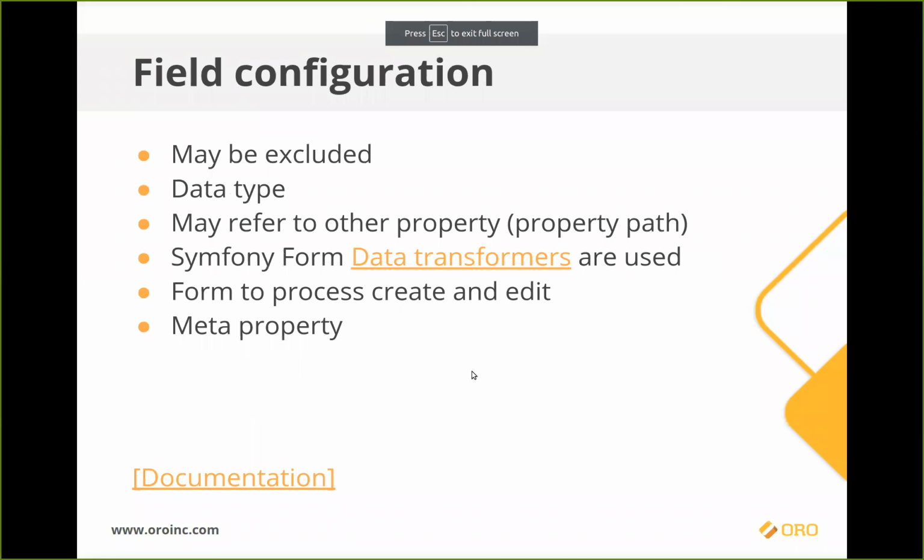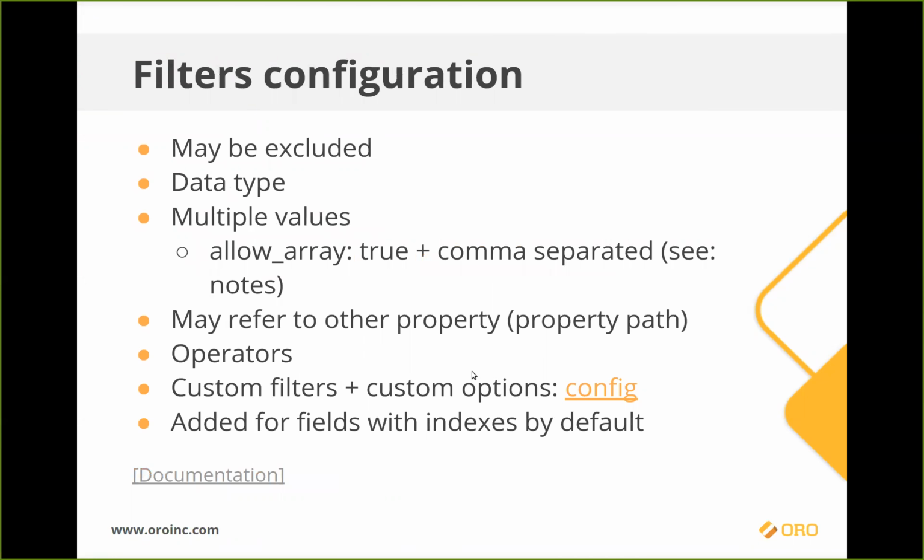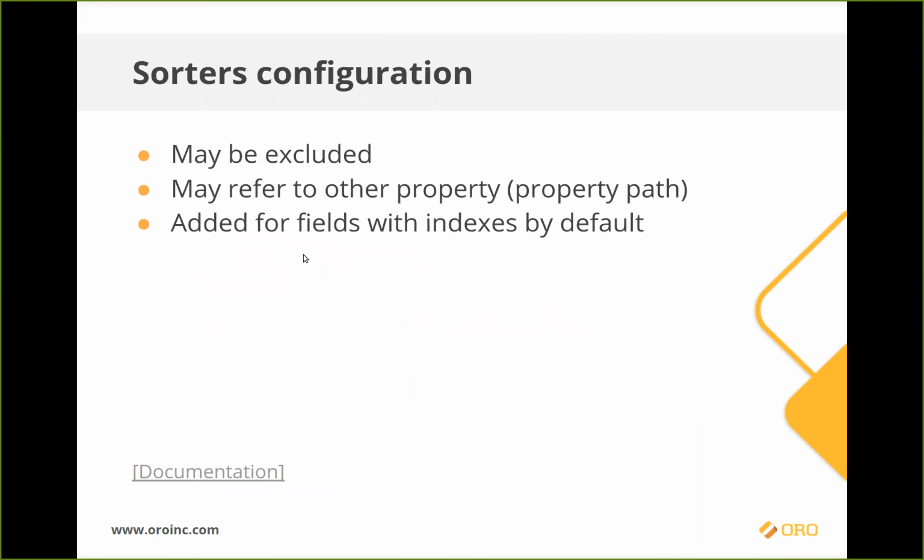So then we have the filters configuration. It's another section. So those may be excluded, of course. We can specify the data type. Now we can specify multiple values for the filter. So allow array true, and then in the comma separated, we can use them. Excuse me.